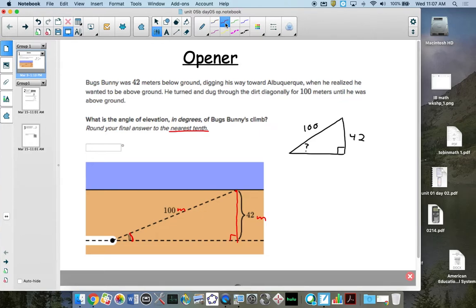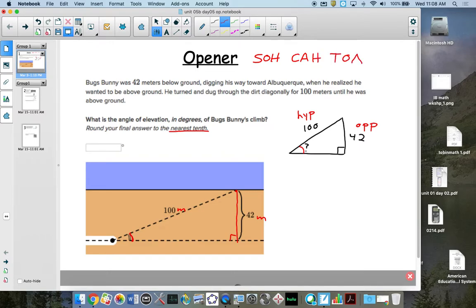Okay, so like we've done with all our right triangle problems, first thing we're going to do is label our sides. So for that angle, this is the hypotenuse. This is the opposite side. And then we don't need the adjacent side. So which trig function uses opposite leg and hypotenuse? And remember, it's always a good idea to have SOHCAHTOA somewhere on your paper.